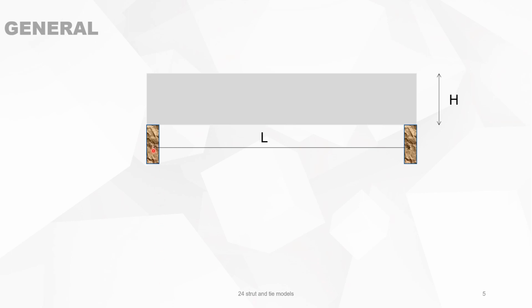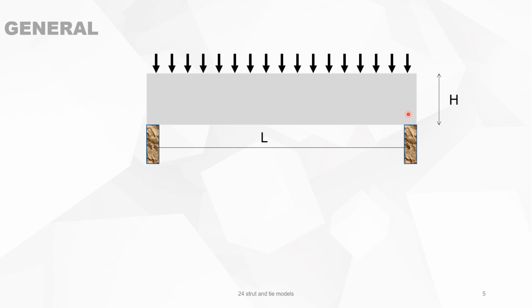Take a beam with a span of L simply supported and the depth of the beam is H. The beam is loaded with a uniform distributed load, and when the span of the beam is bigger than 3 times the depth of the beam, then there will be a compression zone on top of the beam.